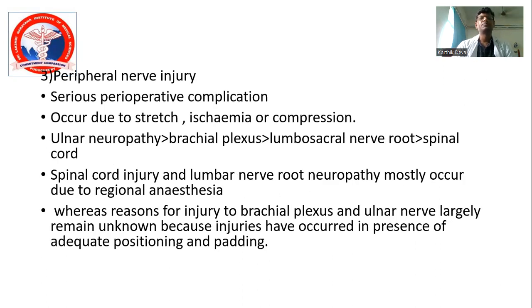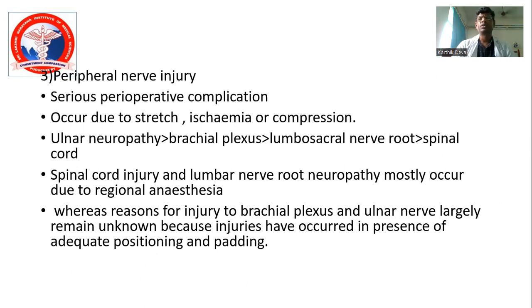Peripheral nerve injury. Serious perioperative complications occur due to stretch, ischemia, or compression. Ulnar neuropathy is more common in supine position, then brachial plexus injury and lumbosacral nerve root injury, or spinal cord injury can also occur.